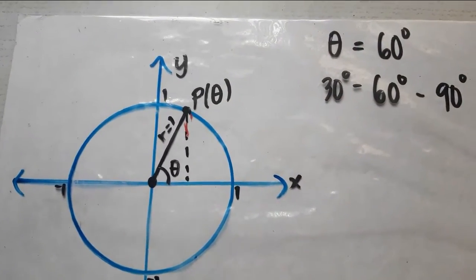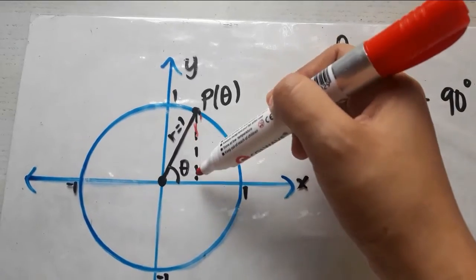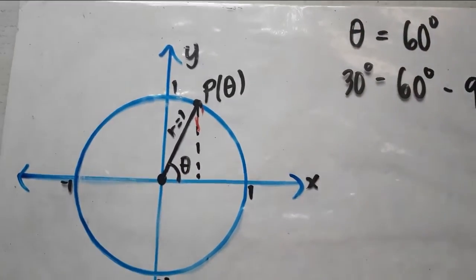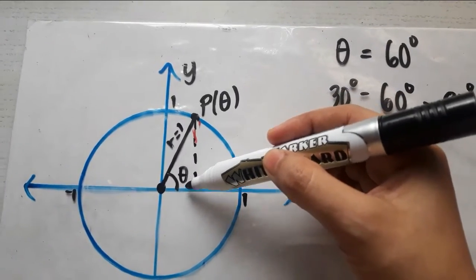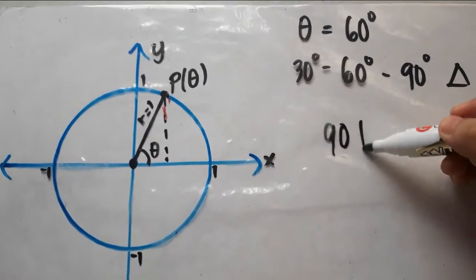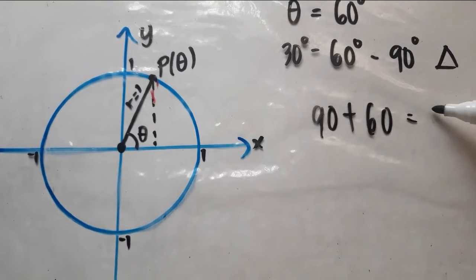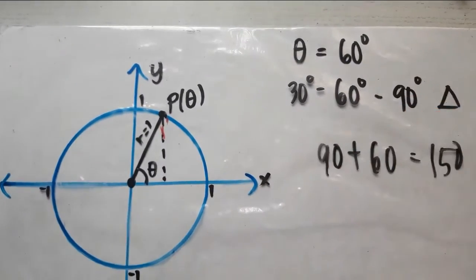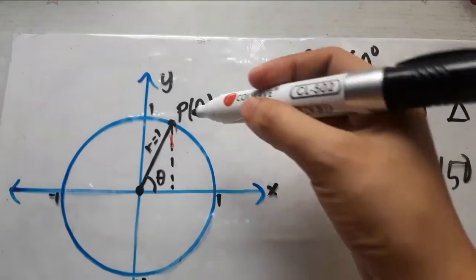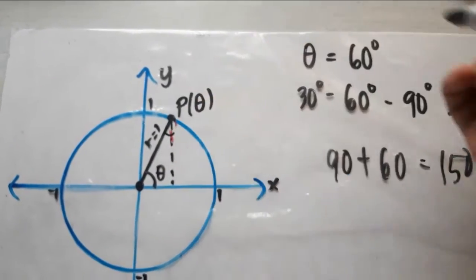Remember that the interior angles of a triangle total 180. So if this is 60, of course this one is 90 because it's a right angle. 90 plus 60, we have 150. So what's left is 30. That's why we have a 30, 60, 90 degree triangle. So this one is 30 degrees.